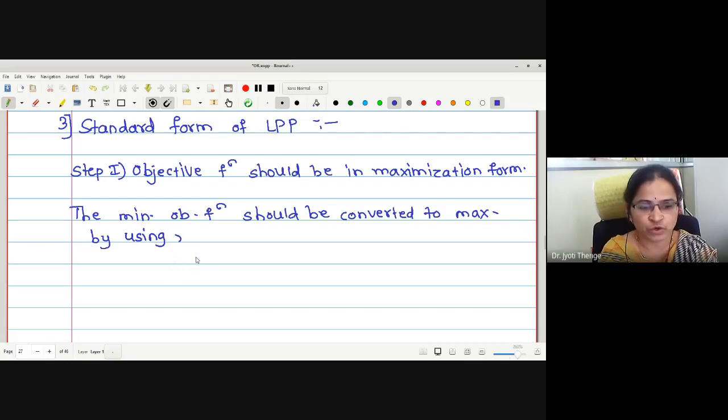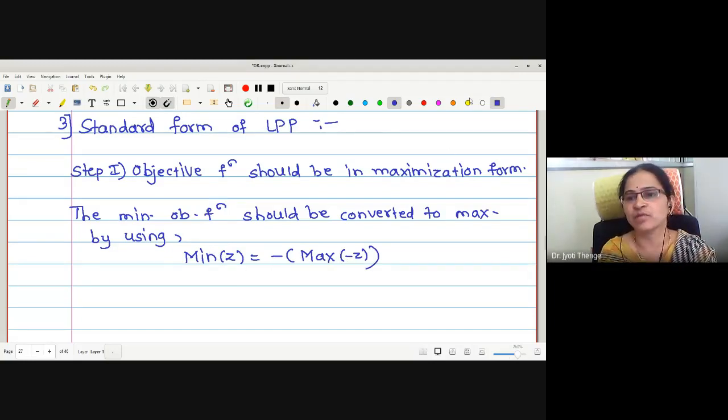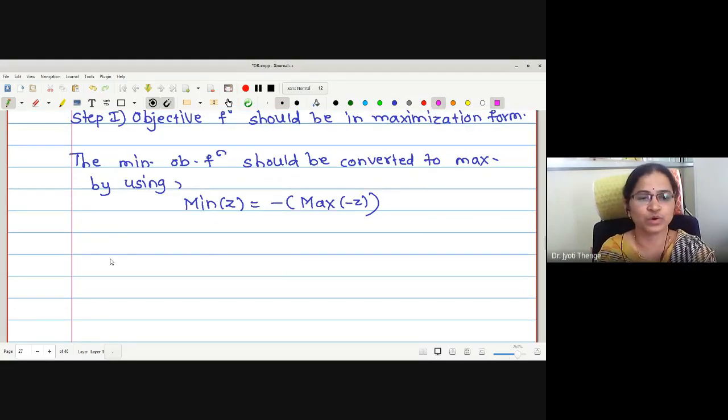what relation am I going to use? Minimum of z is minus maximum of minus z. Let us try to understand how this formula is going to work.